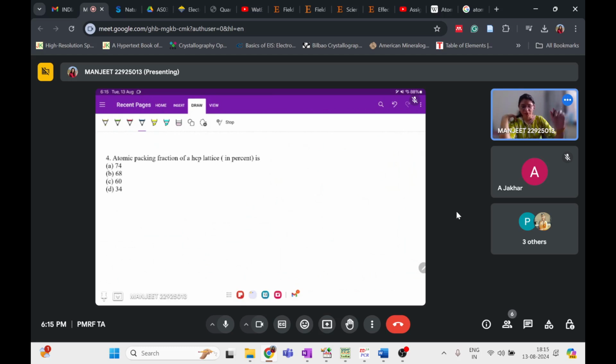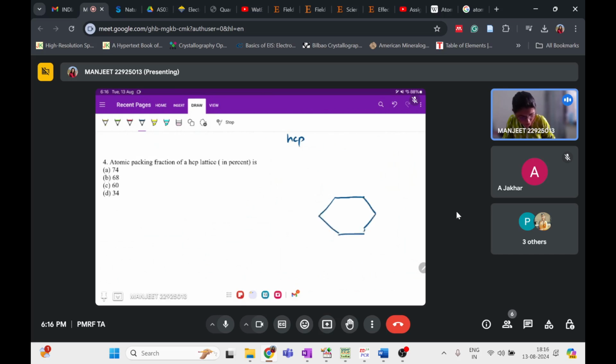As the professor already taught you about the lattices, in HCP we have the hexagon at the bottom as well as one hexagon at the top, or we can say this HCP is made up of 3 units, this way, this way.